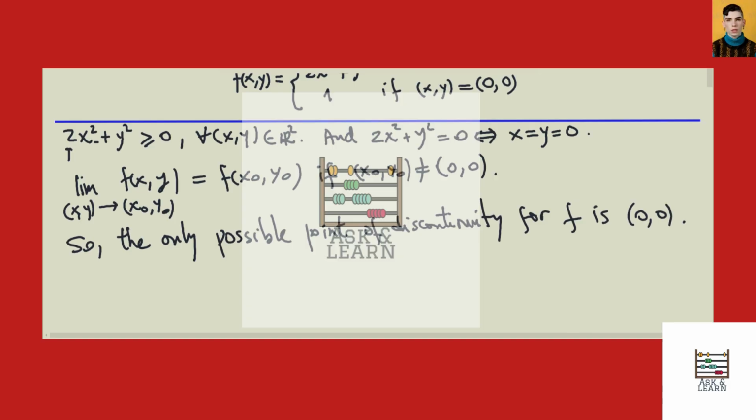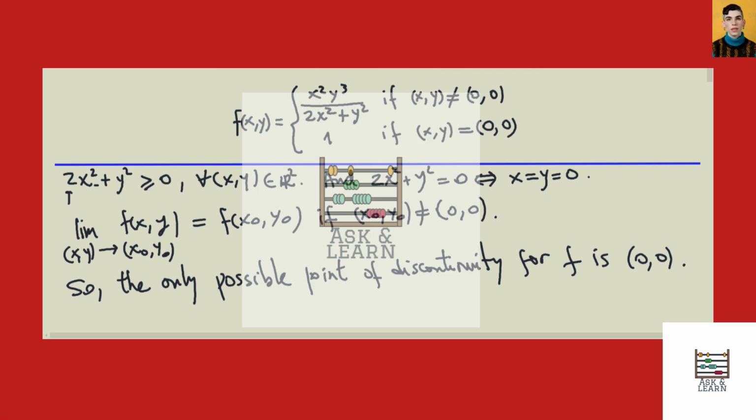But in fact, we are going to see that the limit at (0, 0) is 0, and the function is discontinuous because it has been defined as equal to 1 at (0, 0).